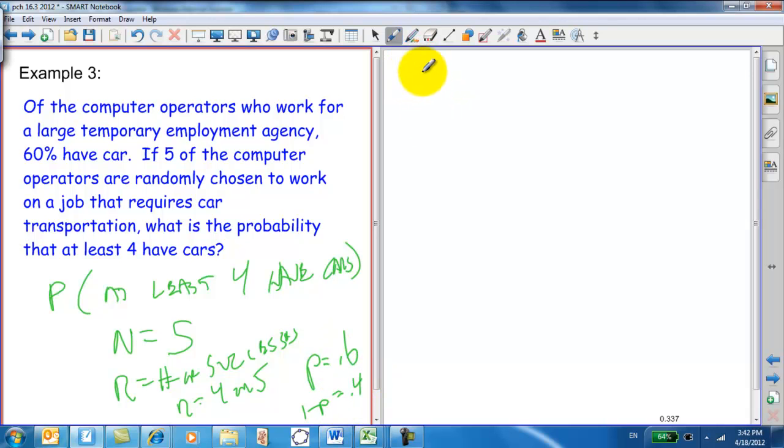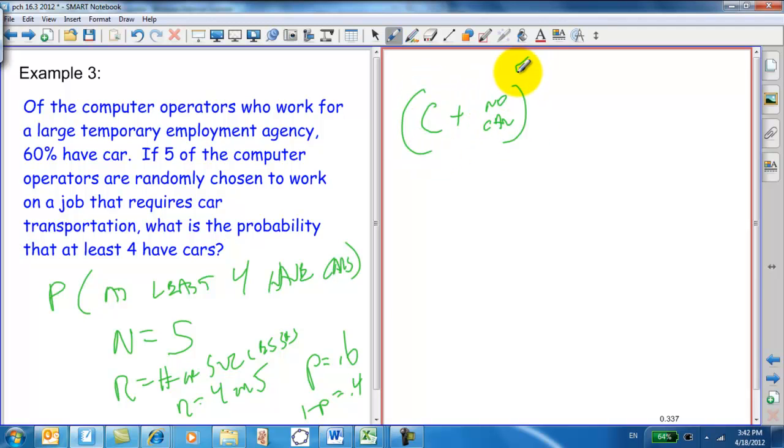So when we think of this expansion of car plus no car, and raise it to the 5th, we don't want the whole expansion, we just want the terms that have car to the 4th, so not a car to the 1st, and car to the 5th.